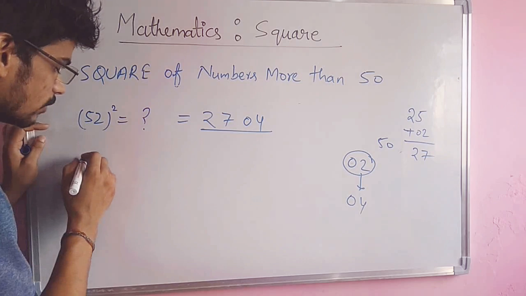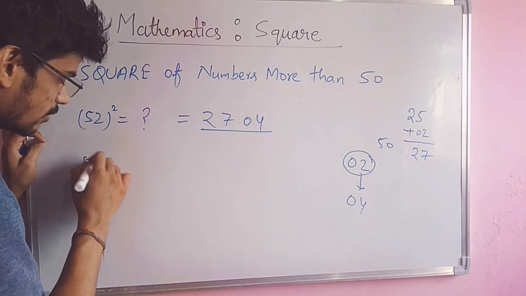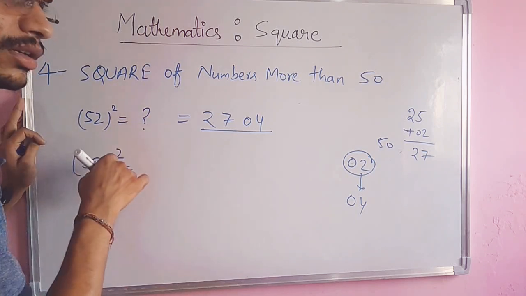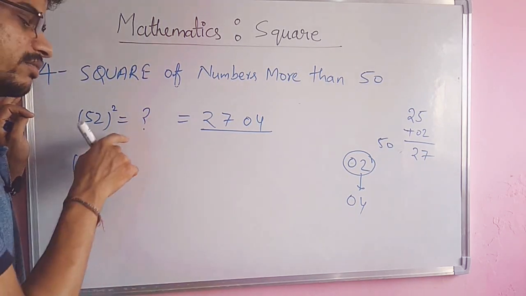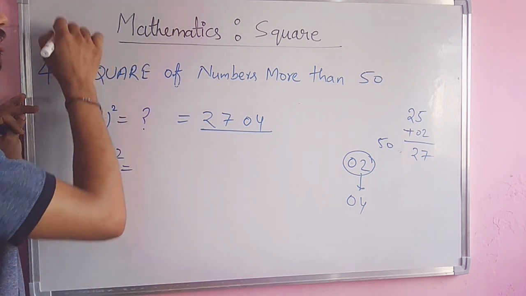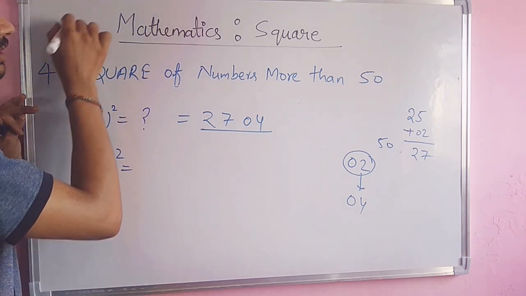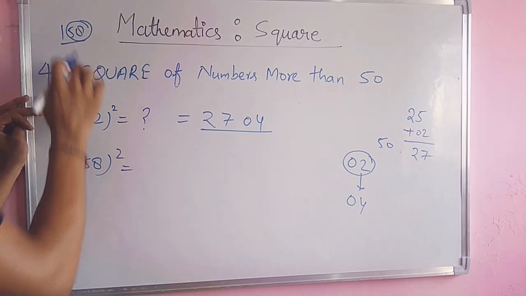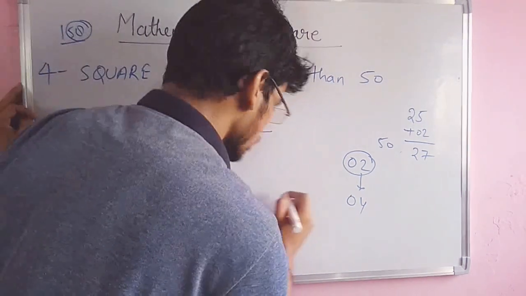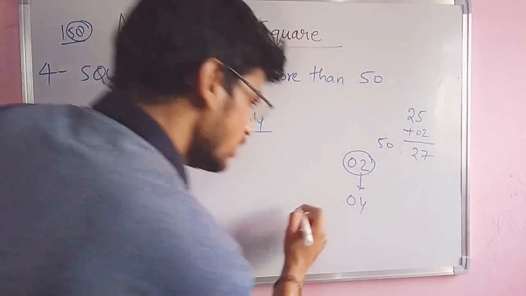Next, if we calculate the square of 58, how much is the square? In the earlier session we discussed the square of 158. Here the square of 158 is calculated from here. Now how much is it greater than 50?